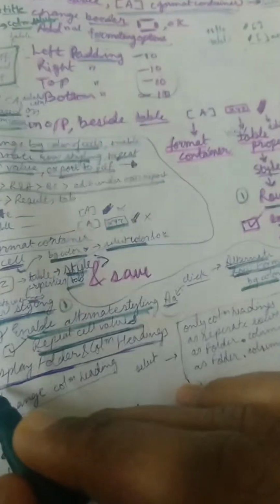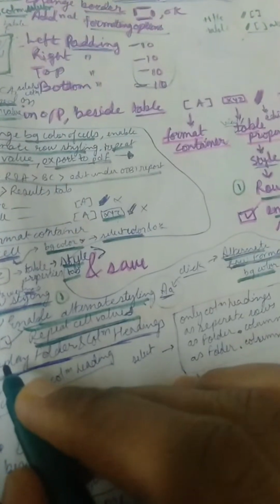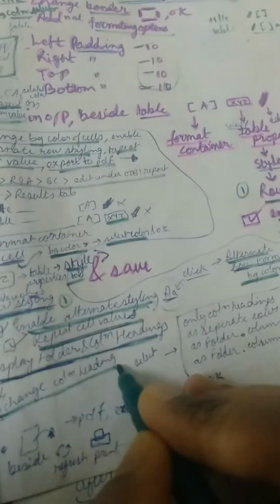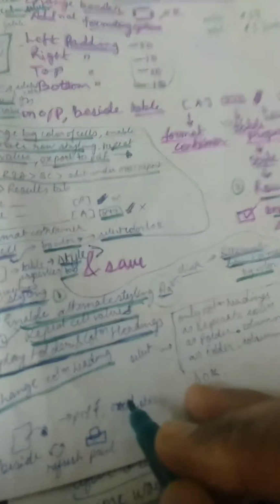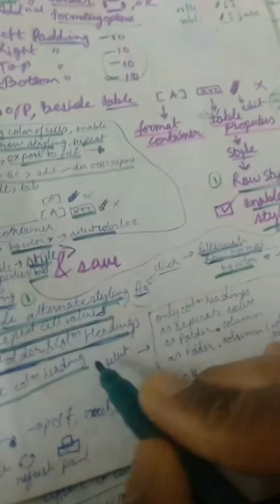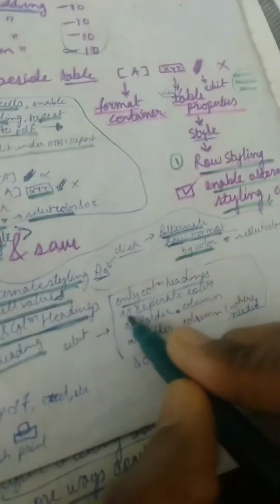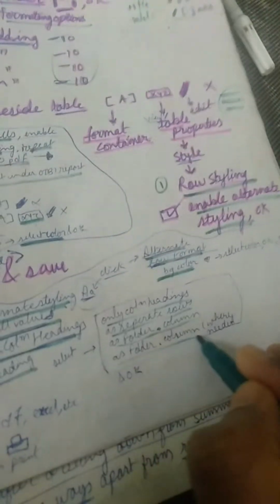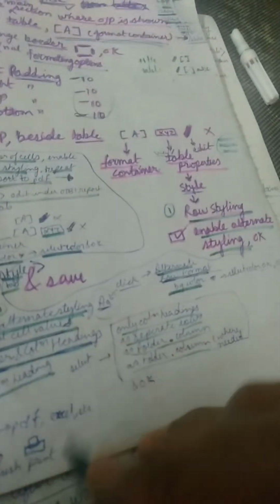Then the third thing is we can display the folder headings and column headings. To change any folder heading name or column heading name, we can do this. It will show me four values: only column headings, separate rows, as folder dot column, whenever needed. So any one of these can be chosen for displaying the folder and column heading name.